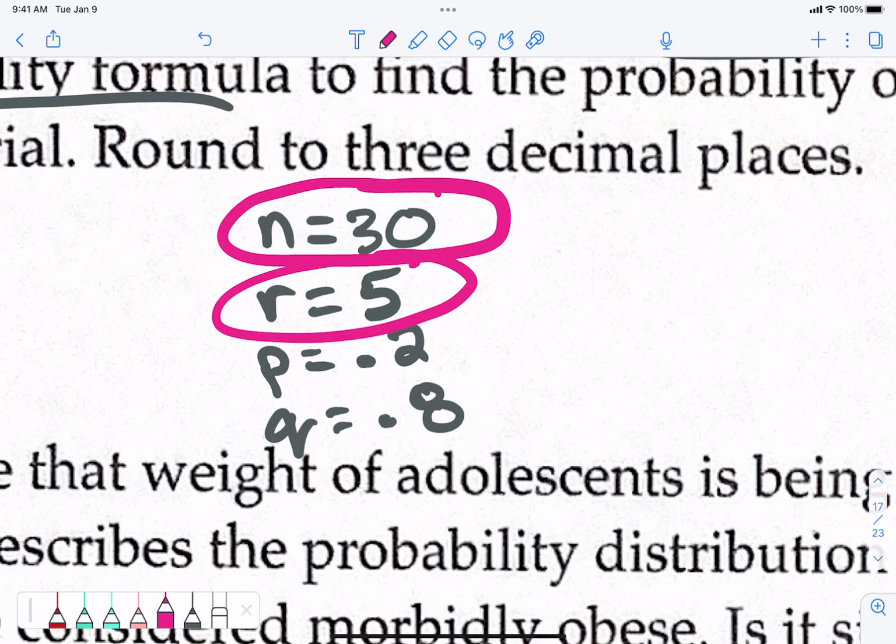What is 20% of 30, by the way? 6. Okay, so 20% of 30 is 6, right? So me getting only 5 successes rather than 6 successes, that's not very much off from that, if the average would be 6.